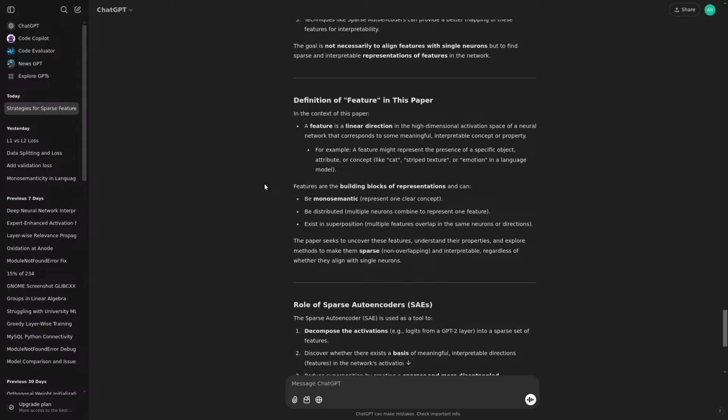What is a feature? It is a direction in the neural network which represents one idea or one concept. So cat. Now, when there is a cat in the context or something like that, multiple neurons activate together.